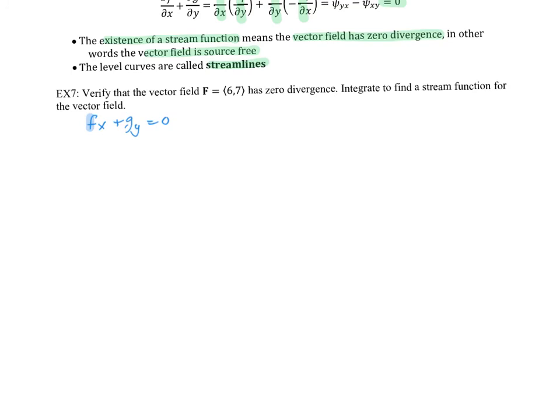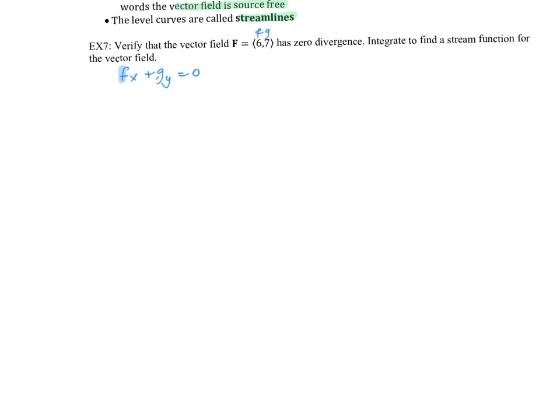Well, f is 6, g is 7, so the partial derivative of f with respect to x is 0, plus the partial derivative of g with respect to y is 0, and the divergence is 0. So since divergence is 0, I know that psi exists. So let's go ahead and find psi.